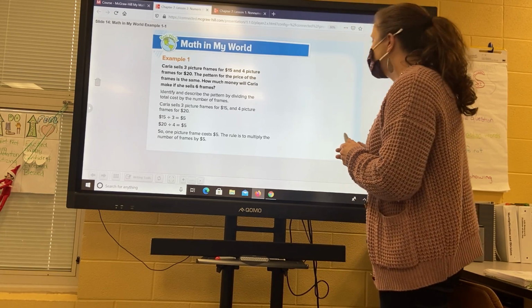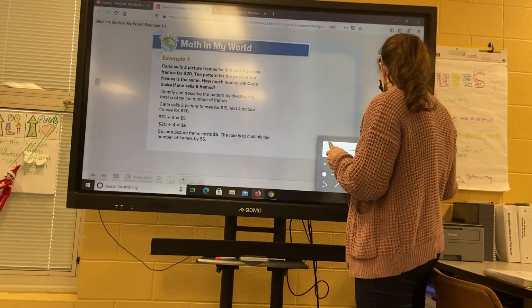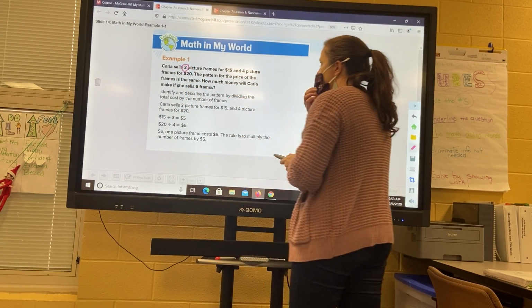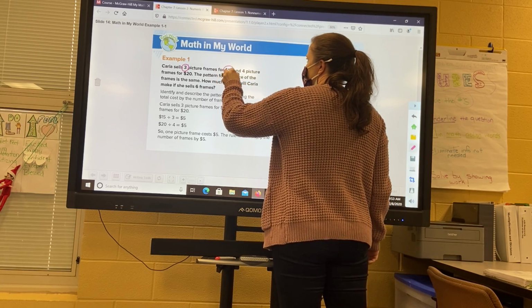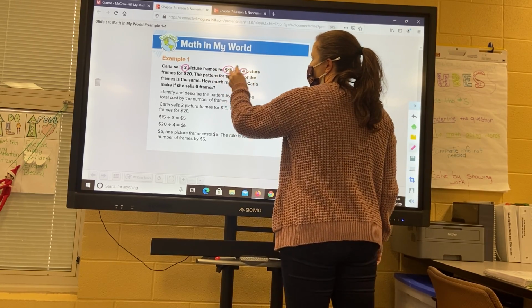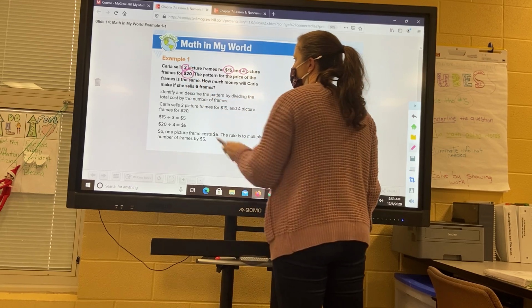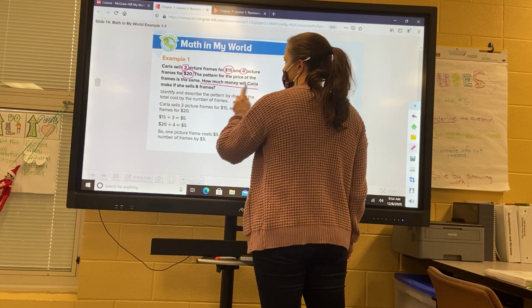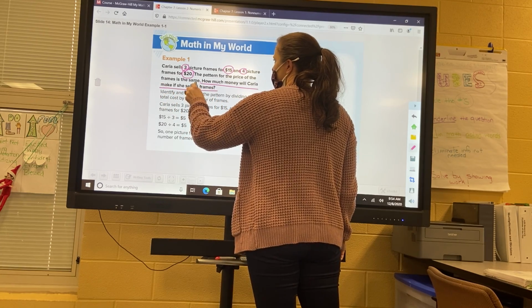It says, Carla sells 3 picture frames for $15, 4 picture frames for $20. The pattern for the price of the frames is the same. How much money will Carla make if she sells 6 frames?